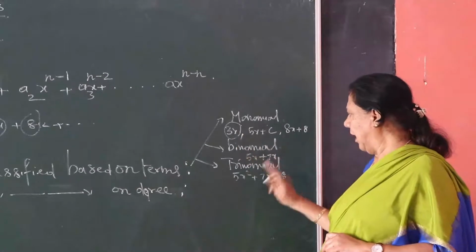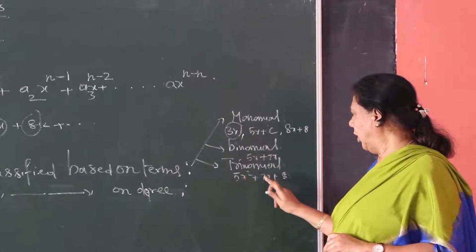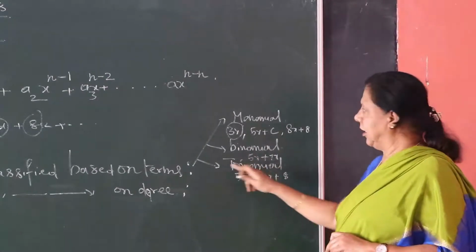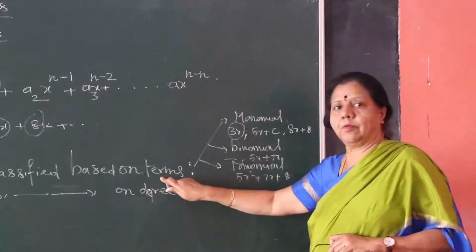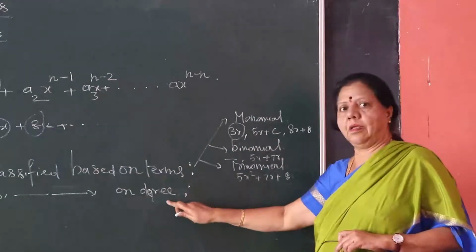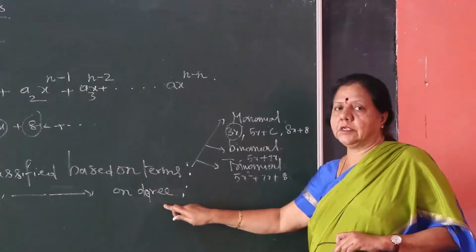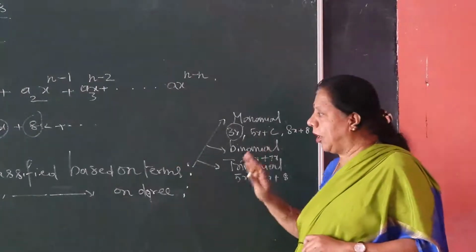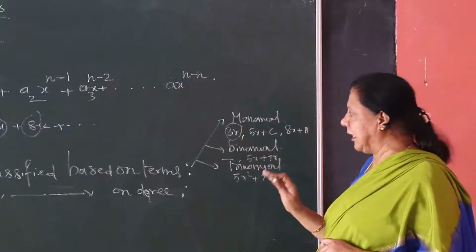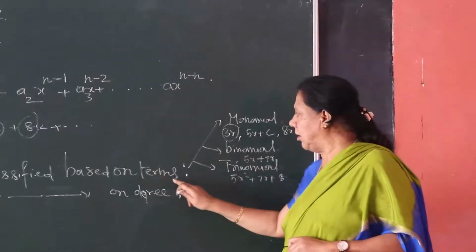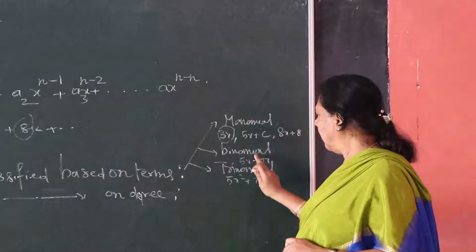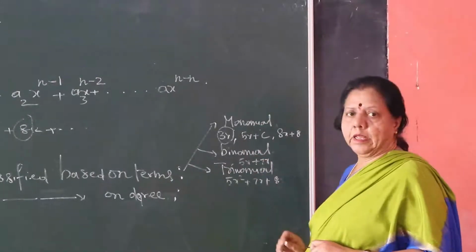Monomial, binomial, trinomial: 1, 2, 3. See, this is based on the terms. Terms, not the degree. Understand, children? So now polynomial is classified based on terms: monomial, binomial, trinomial.